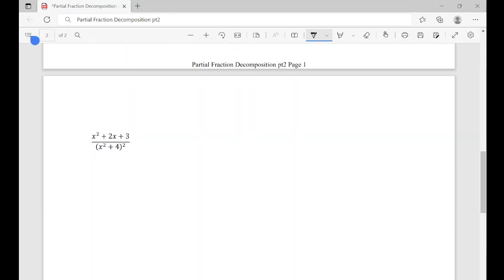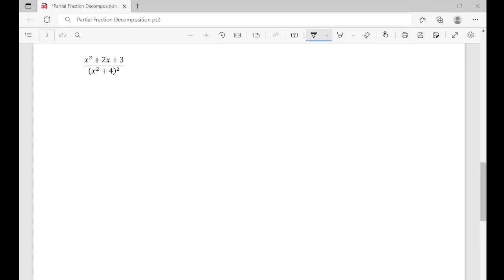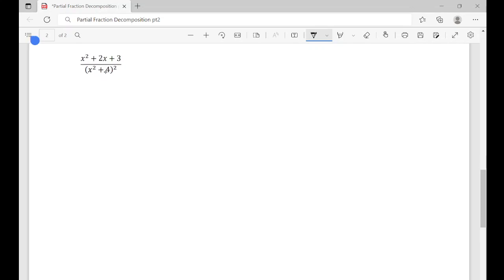Now I'm going to go on to the next one, and we have x squared plus 2x plus 3 over x squared plus 4 all squared. So this denominator is not factorable, and it is repeated. So x squared plus 2x plus 3 divided by x squared plus 4 all squared.